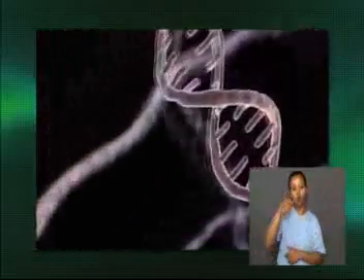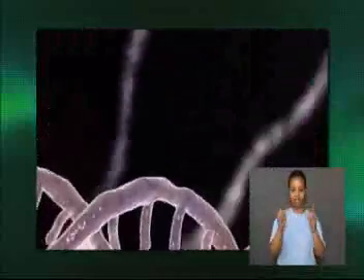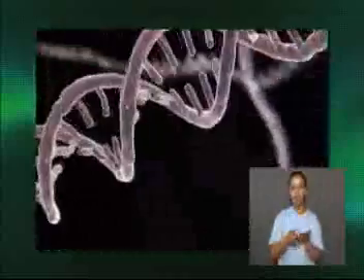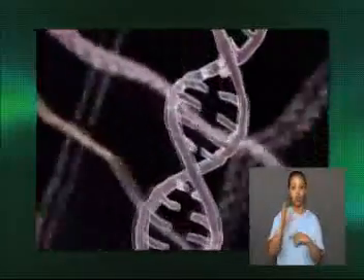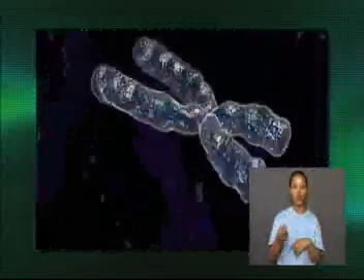These homologous pairs have genes that control the same features in the same position, called the locus, which are located on the chromosome. However, the alleles might not be the same. In other words, the pairs might have different versions of the same gene.